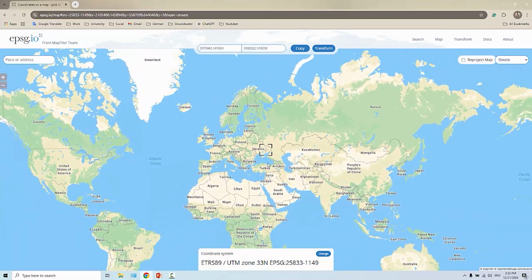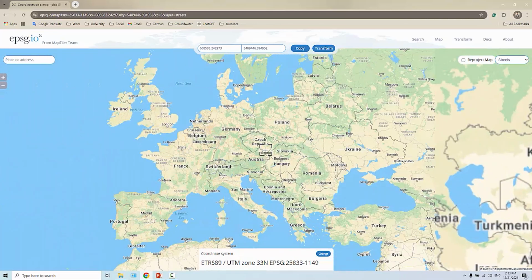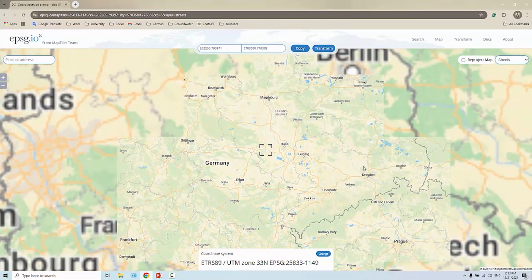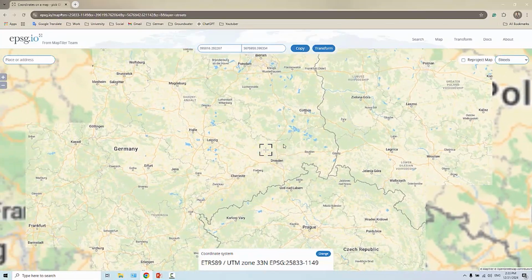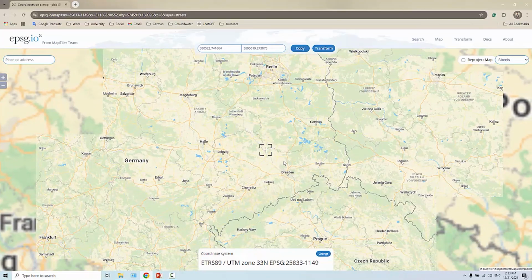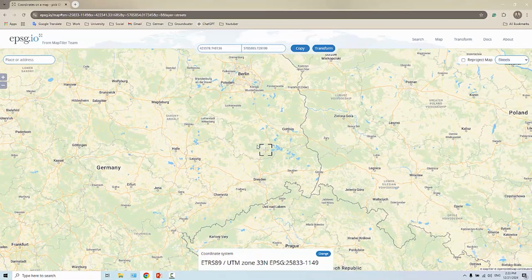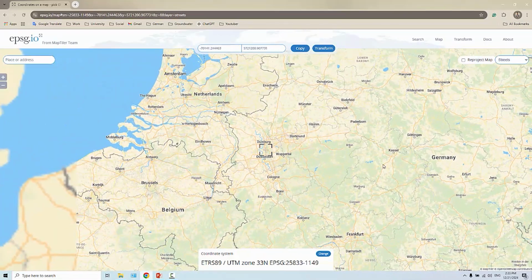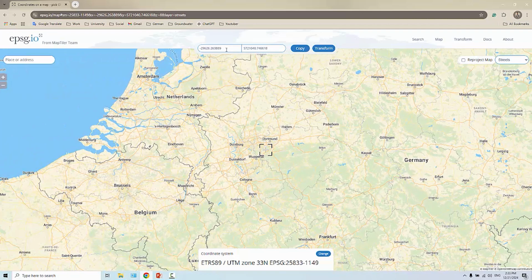As you can see here, we are talking about the eastern part of Germany, and you keep getting a positive value for the easting. But once you get out of the zone and go a bit left, you will start getting a negative value of the easting.